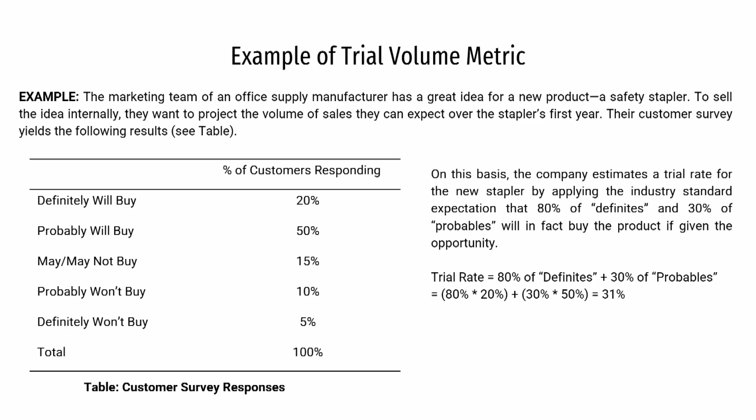If so, what will be the trial rate? Trial rate will be 80% of the definites and 30% of the probables. Definites consist of 20% of my total population, so 80% of 20% plus 30% of 50% gives me a value of 31%. So, my trial rate is 31%.